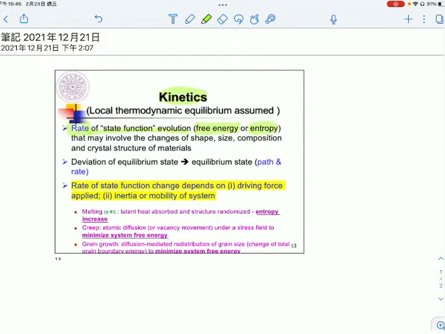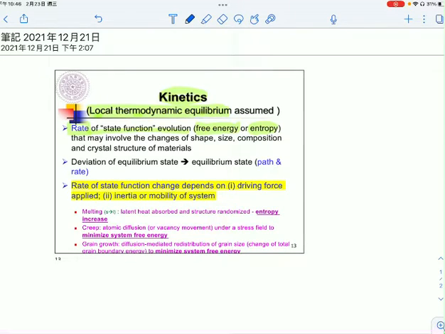If you want to apply these energy state functions in kinetics, we need to make some assumption. So here in our textbook, we assume our system is in local thermodynamic equilibrium in this kinetics process of interest. So what's local thermodynamic equilibrium?